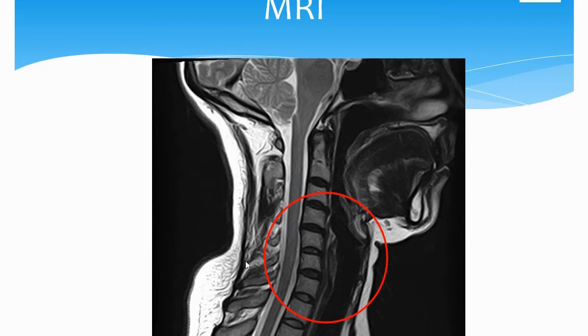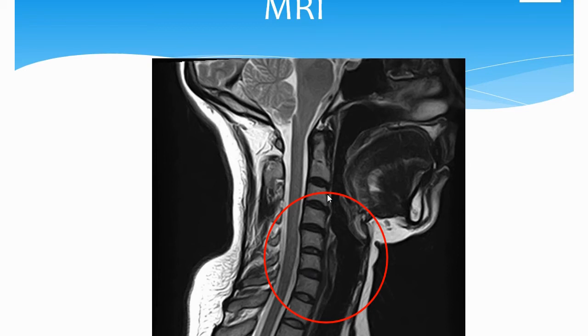And here's the back of the neck, and a lot of muscles around here, which you can see and which cannot be seen on X-ray. And here is the mouth, and here is the trachea, and you notice that we have the discs and the curvature, which don't look very normal and healthy.